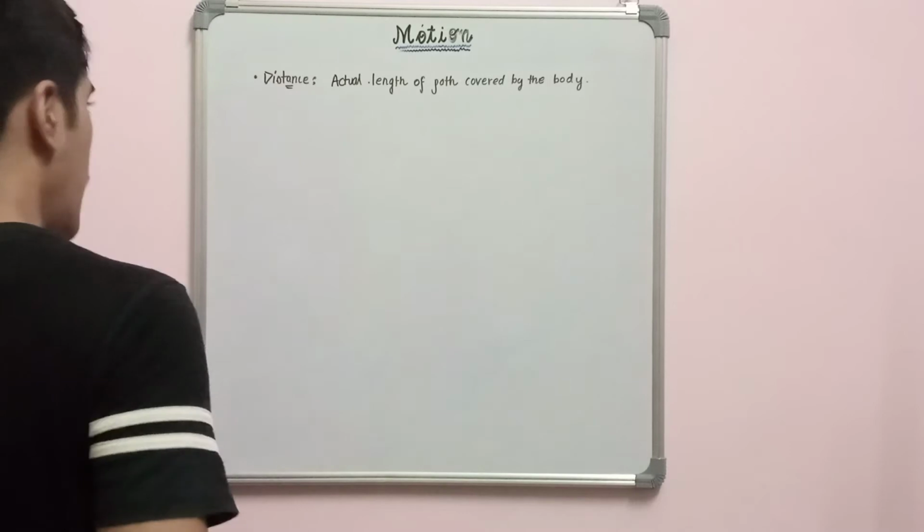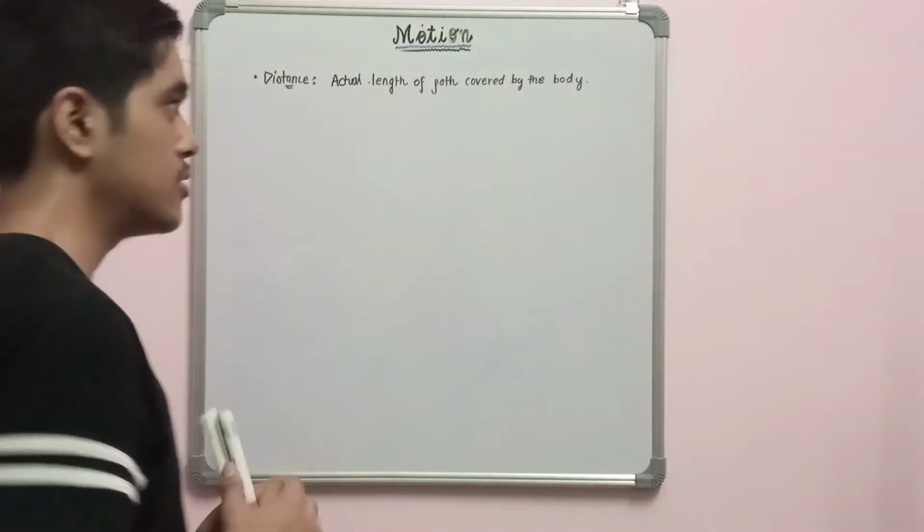Okay. And there is a very important thing: whenever you study any physical quantity, you should always study these things. The definition of that physical quantity, the unit of that physical quantity, the mathematical representation if there is one, and the next thing is dimension.